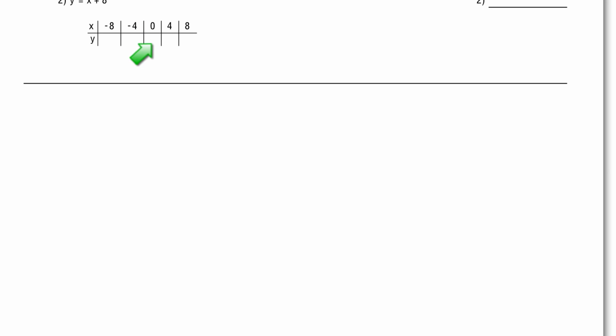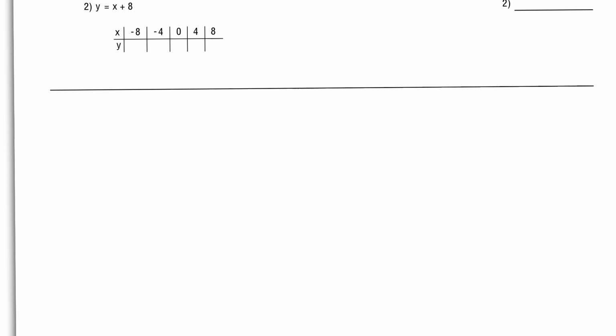Here x is 0, so whatever we put in here should be the y-intercept. And we'll have to find out where the x-intercept is. So first thing we do is plug numbers into this equation. These are all x's, so we're going to plug each one of these in for x and then add 8 to them, and that'll be our y.